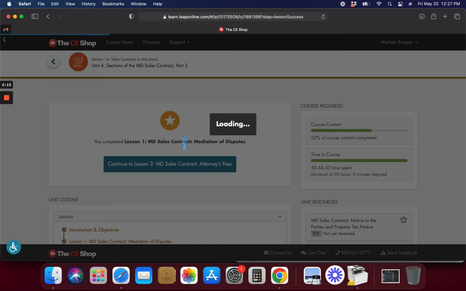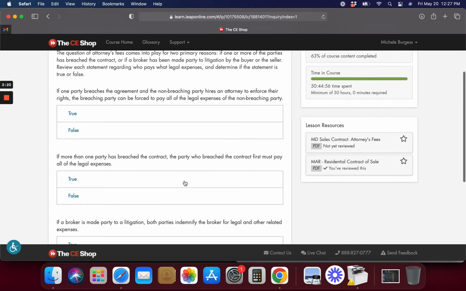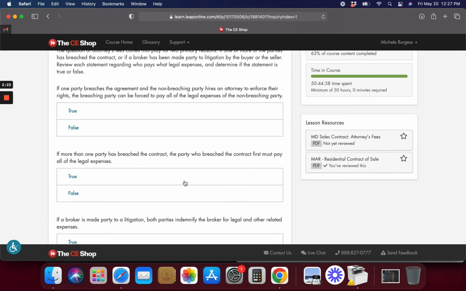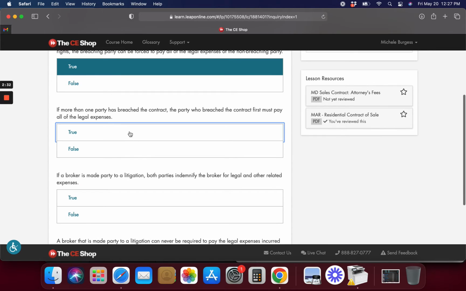All right. Attorney fees. If one party breaches, the breaching party can be forced to pay all the legal expenses of the non-breaching party. If more than one party is breached, the party that breached the contract must pay all the legal expenses.